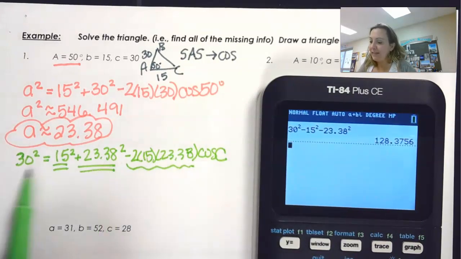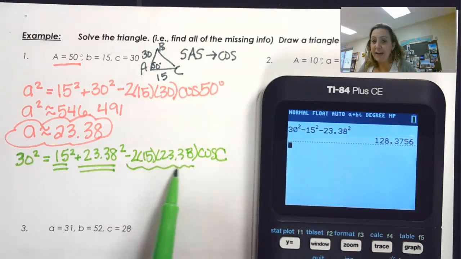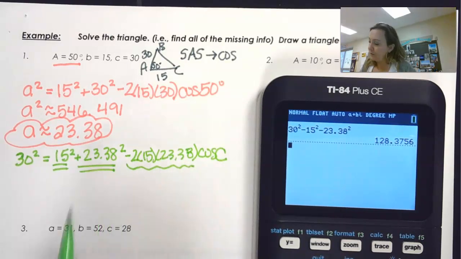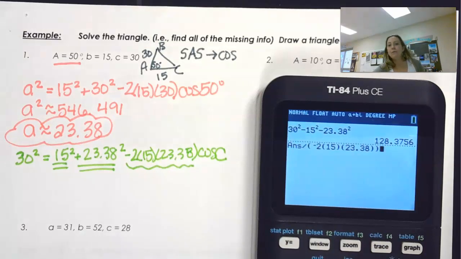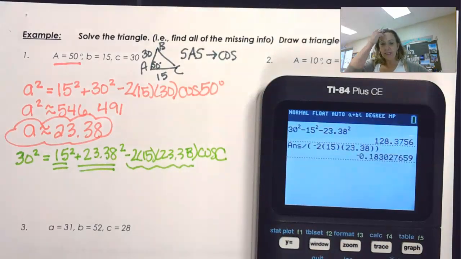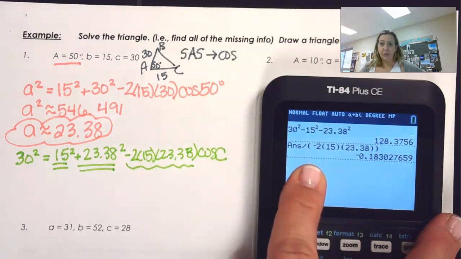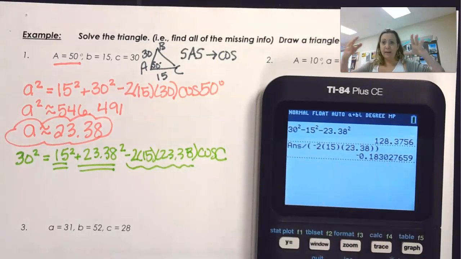And then if I subtract that off, now I need to divide by this coefficient of the cosine C. So I'm going to divide by, in parentheses, -2 times 15 times 23.38. If you don't put the parentheses down there, the issue is that it'll just divide by -2, and then it'll multiply by the other pieces.